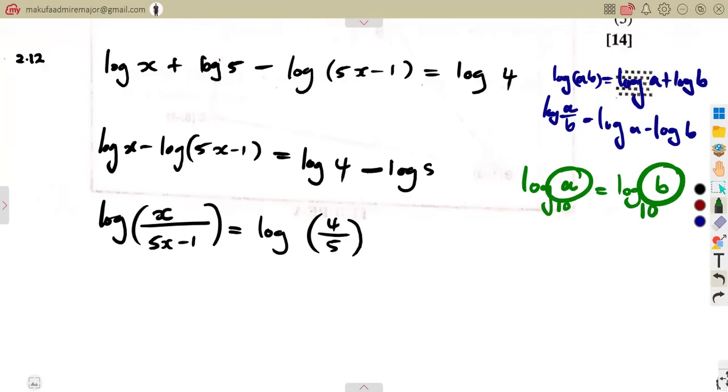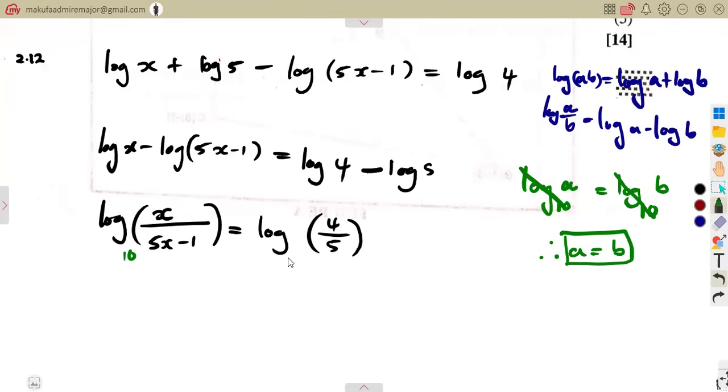These two must be equal, provided that the bases are the same. And this is exactly what we are given here. Log base 10, log base 10. So automatically this must be equal to this. So x over 5x minus 1 must be equal to 4 over 5.